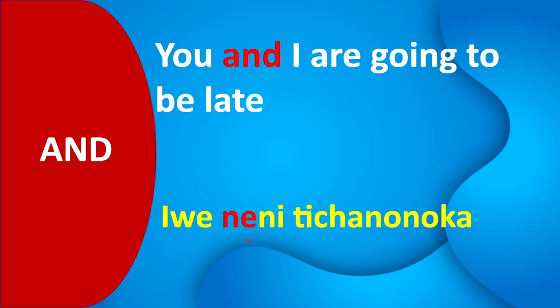So it becomes neni. Iwe neni tichanonoka. Are going to be late becomes one word, tichanonoka. Iwe, which is you, and I, which is neni, are going to be late, tichanonoka. So in this case, we have translated and to ne.